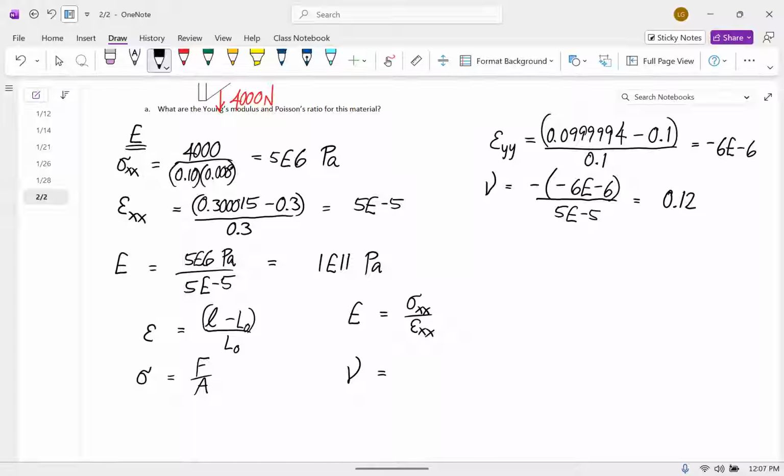I'd give Poisson's ratio is negative EYY over EXX, and that's also equal to negative EZZ over EXX. So I would give you all that stuff for a problem like this. So basically, there are no specific equations you require us to memorize.